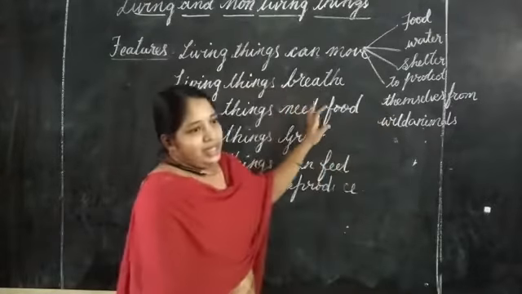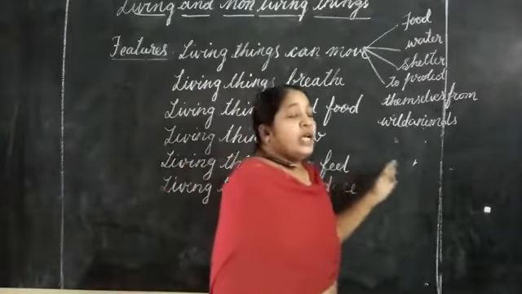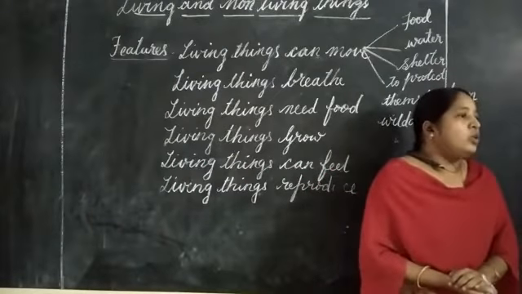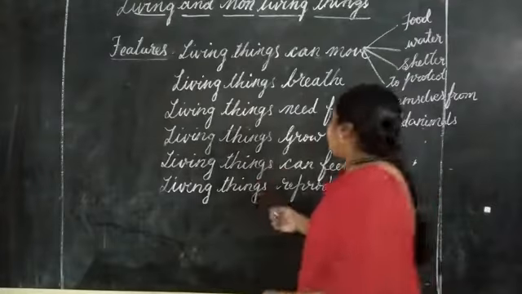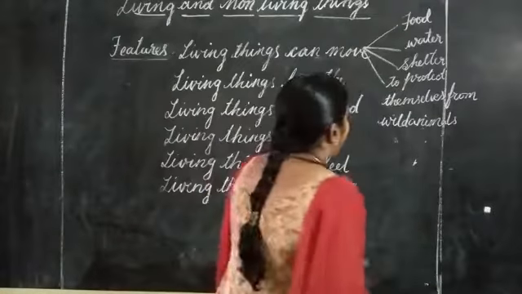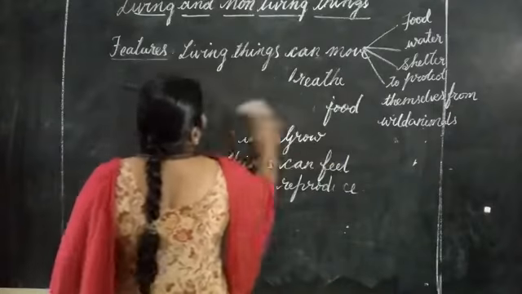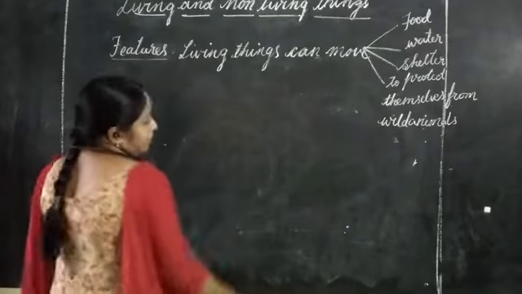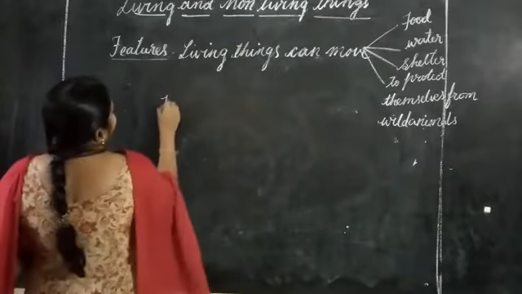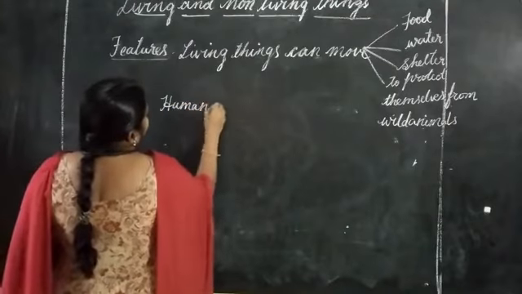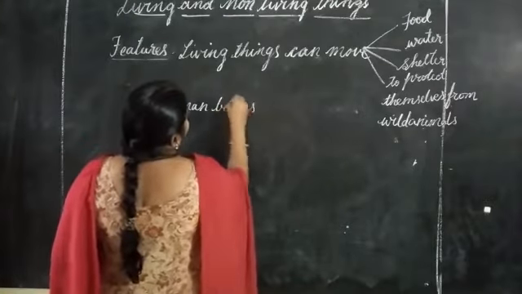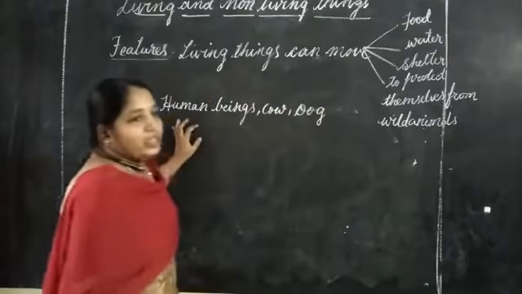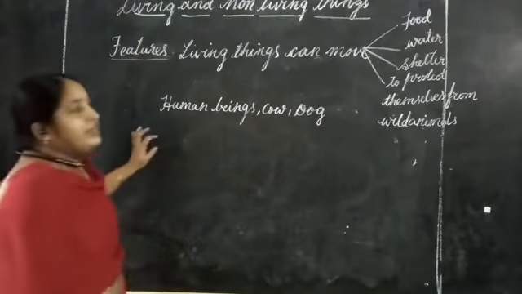Okay, and living things like human beings and other animals use different body parts to move from one place to another. For example, human beings and animals such as cow, dog, elephant can walk or run with their legs.